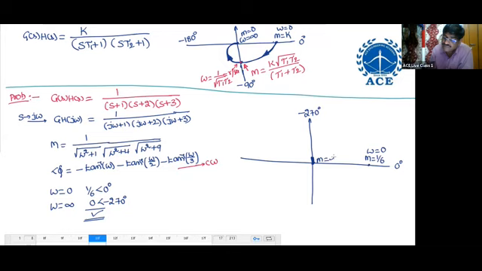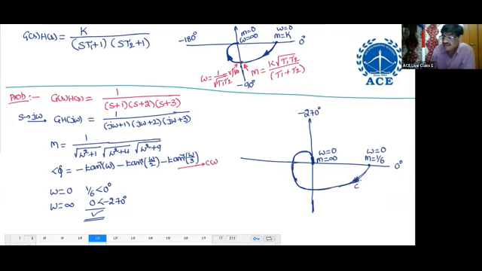At omega infinity, magnitude is 0. What is the direction? Clockwise. Draw in a clockwise direction. Come on, draw the plot.